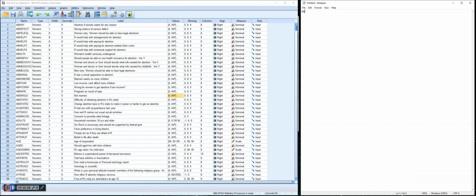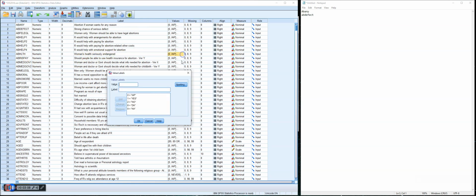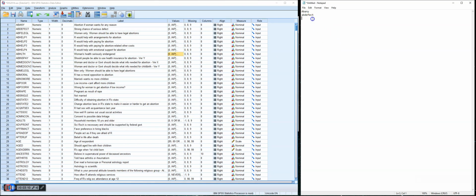So ABANY maybe and ABDEFECT, and what was the other variable? Okay, so this is another one, coded as 1 and 2. I'm just finding variables coded in the same way. ABHLTH, and ABNOMORE, so they want to have no more.